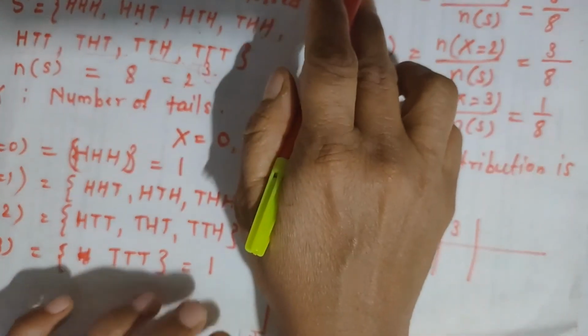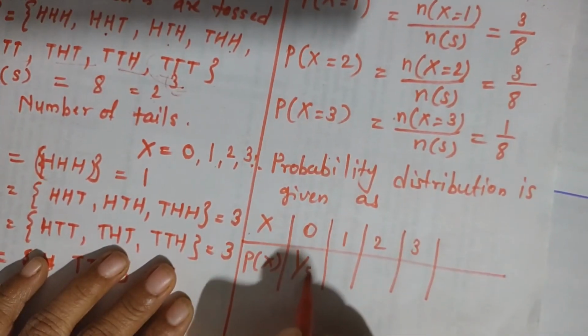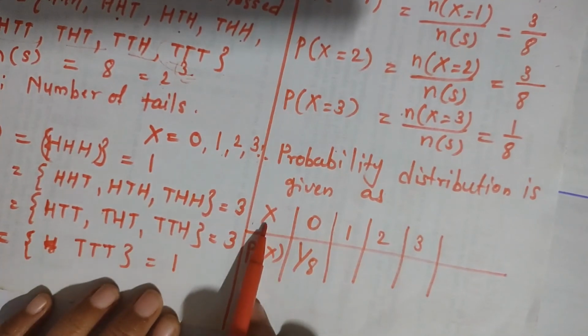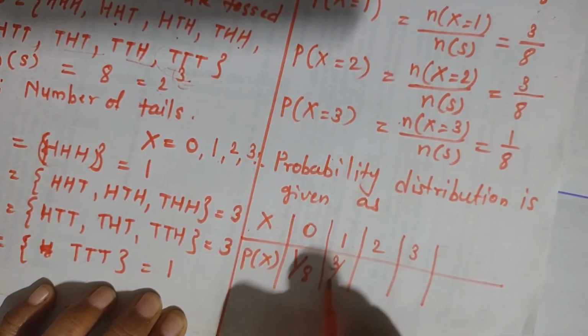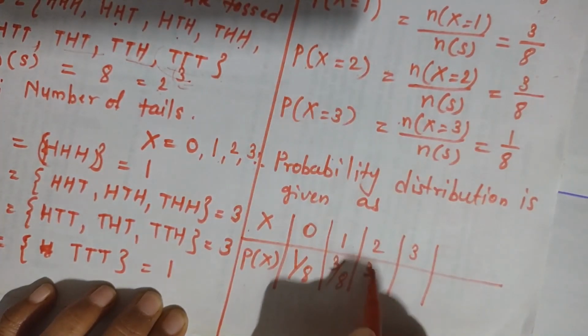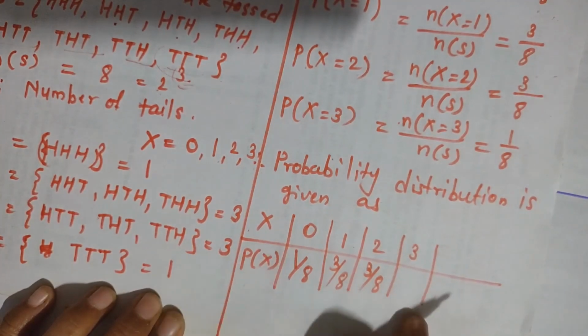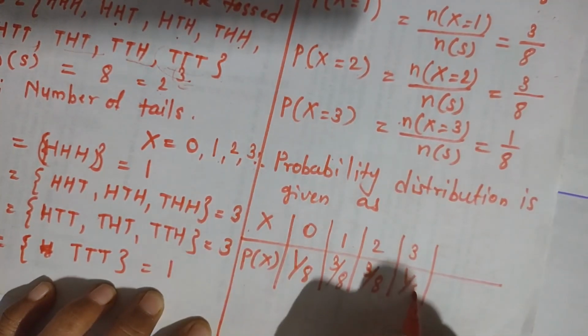For X equal to 0, the first probability is 1 upon 8. Next, for X equal to 1, the probability is 3 by 8. Next, the probability for X equal to 2 is 3 by 8. And the last probability, for X equal to 3, is 1 upon 8.